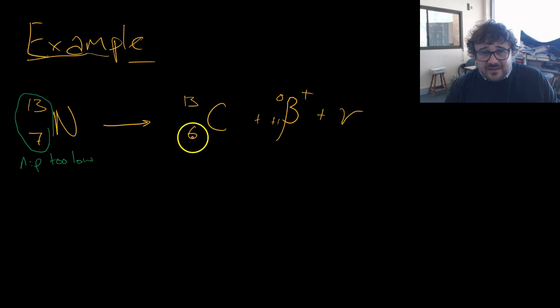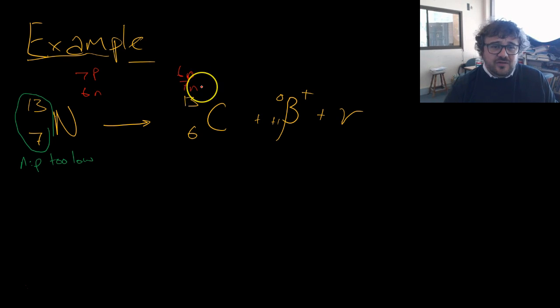We now have 6 protons, and 13 atomic mass. So we've gone from 7 protons and 6 neutrons, to 6 protons and 7 neutrons.